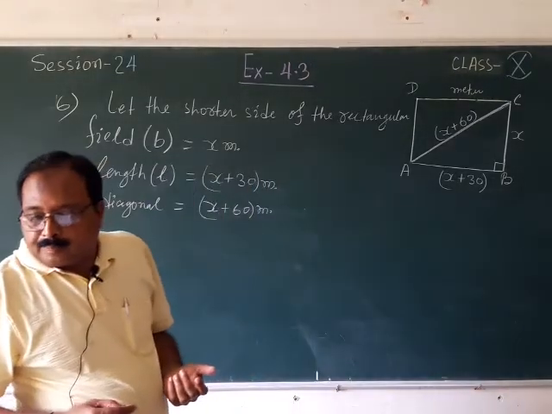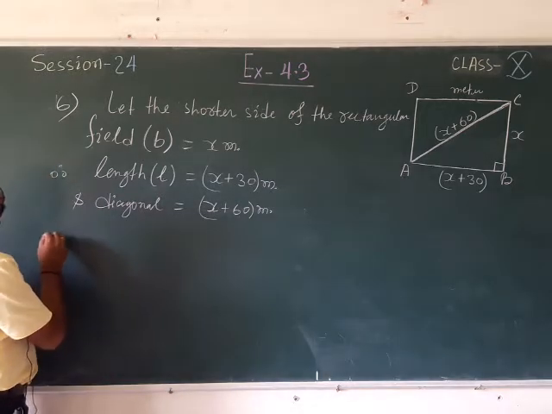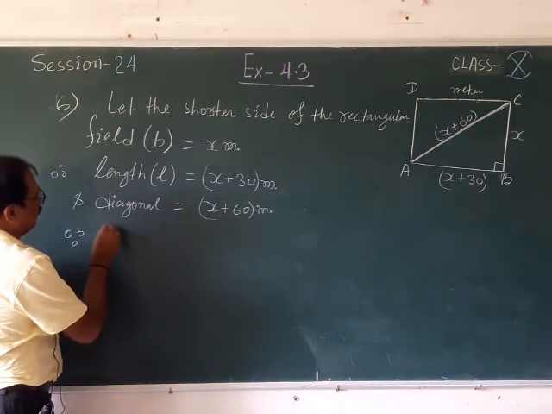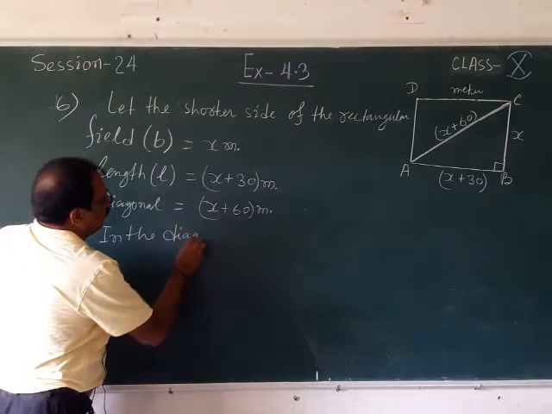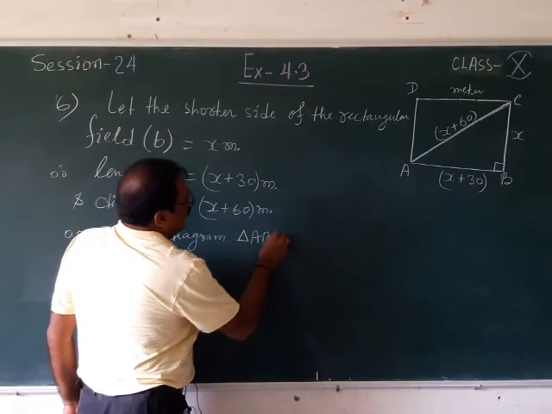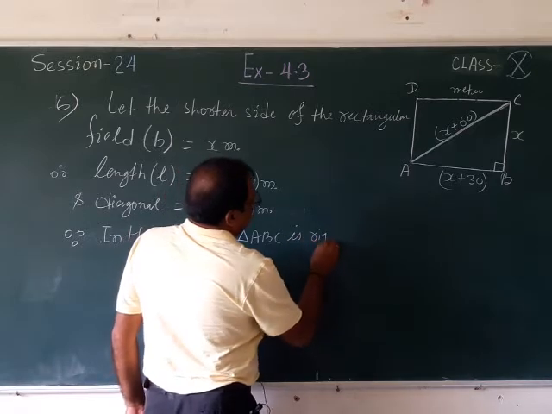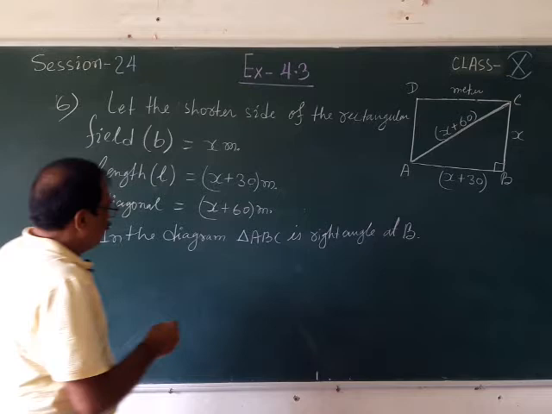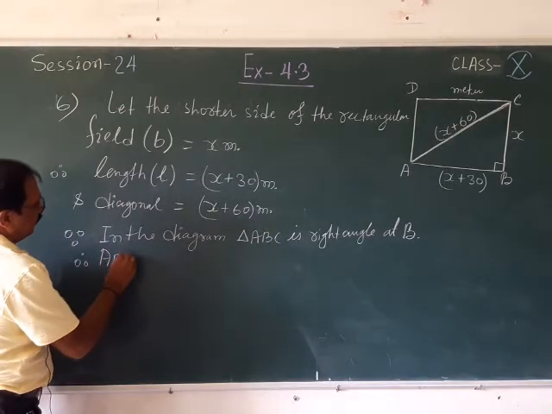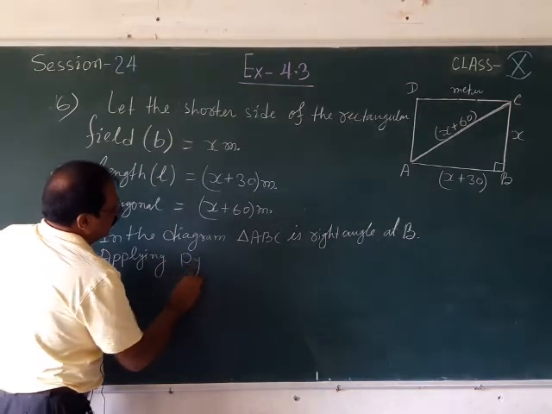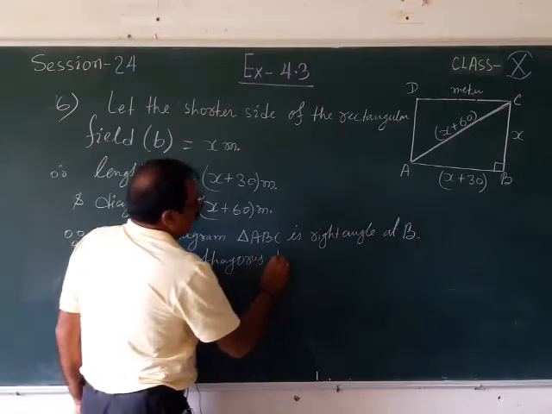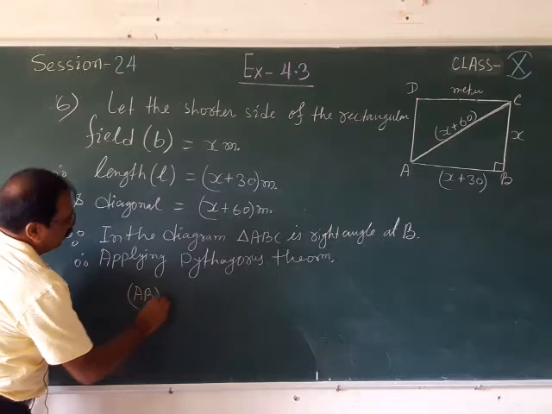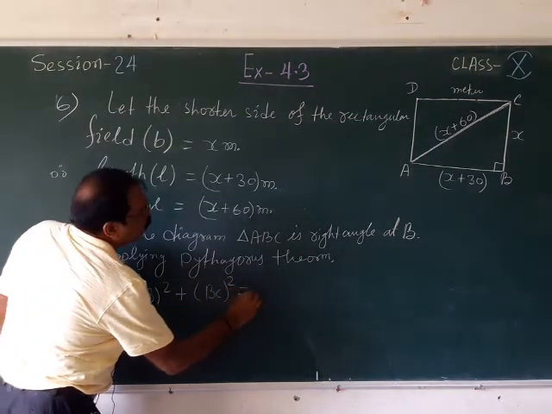So applying Pythagoras theorem, since in the diagram triangle ABC is right angled at B, therefore applying Pythagoras theorem, you know that AB square plus BC square will be equal to AC square.